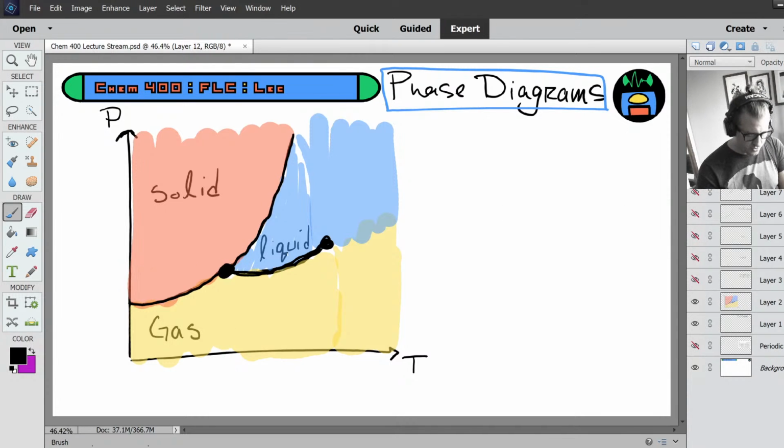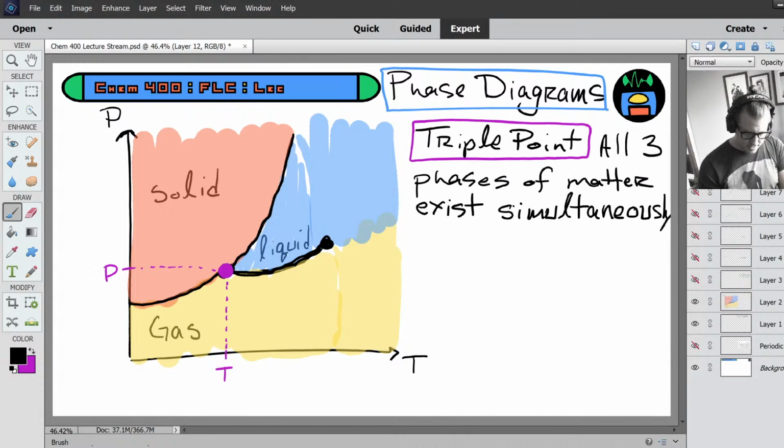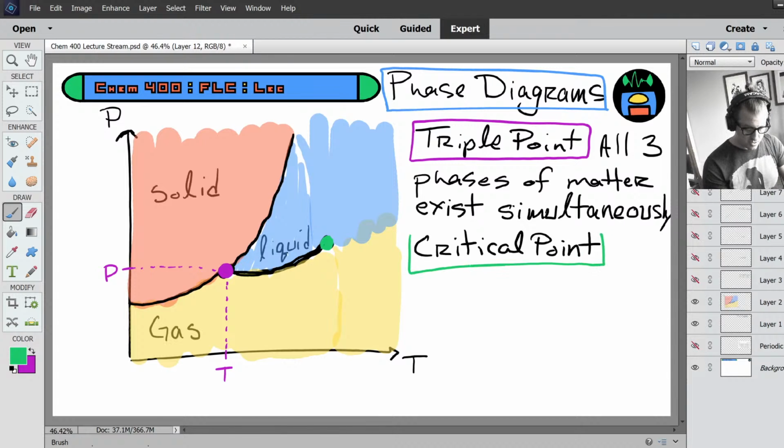The other point that you should know of is right here, and this is called the critical point. You may have originally thought that I just got lazy and didn't finish drawing the barrier between liquids and gases, but I actually stopped on purpose because that barrier between the liquid and the gas does not actually extend forever.